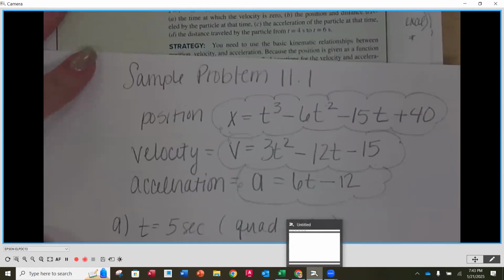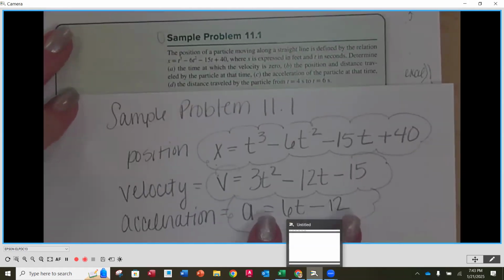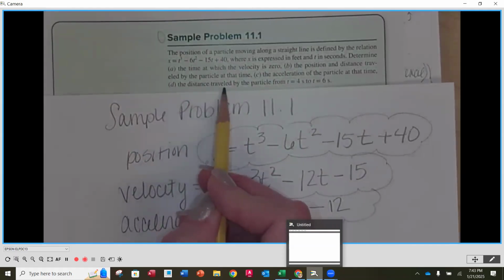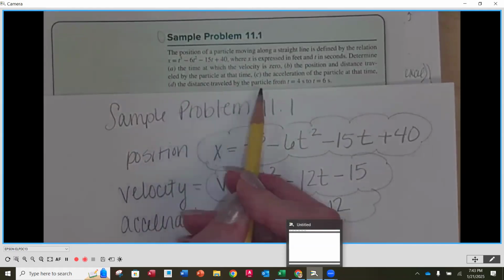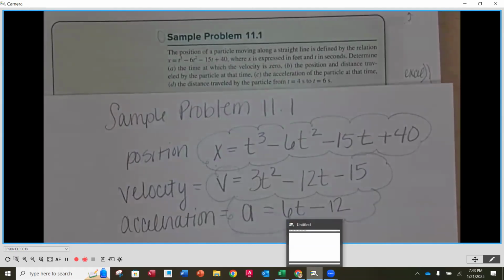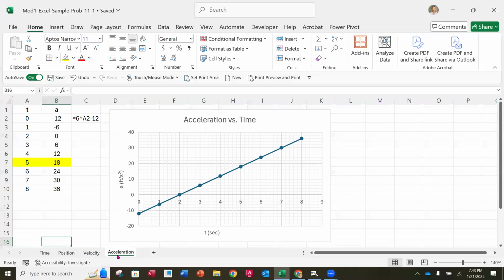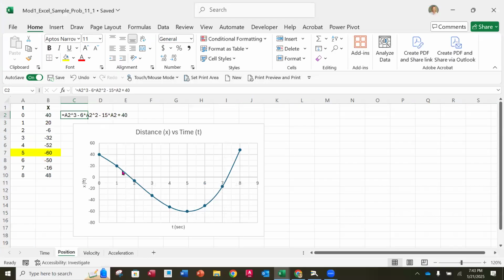And then our part D. Okay. So part D says they want us to find the distance traveled, not coordinate, by the particle going from T4 to T6. Okay. So we're going to go to our spreadsheet, to the position tab. It wants the distance traveled from 4 to 6.